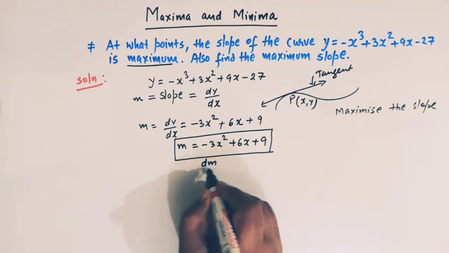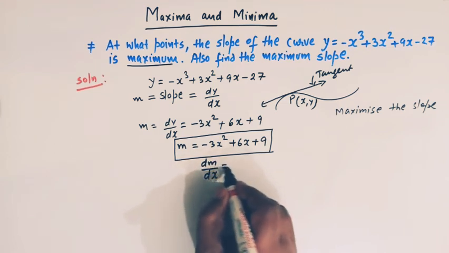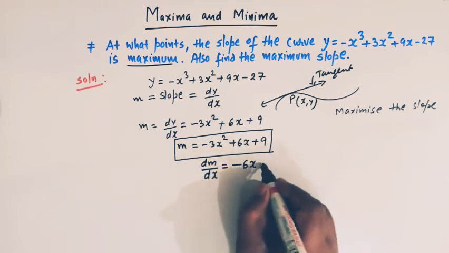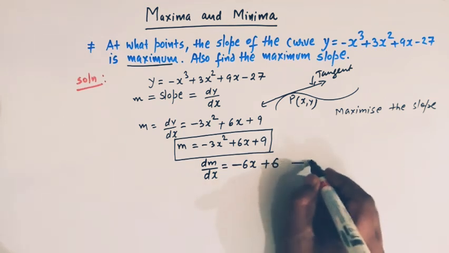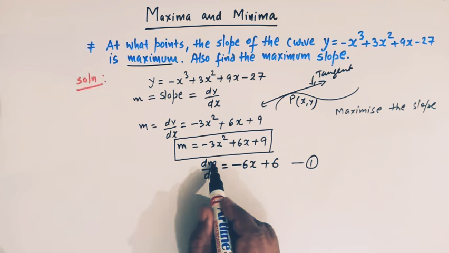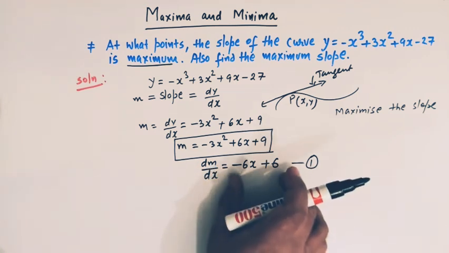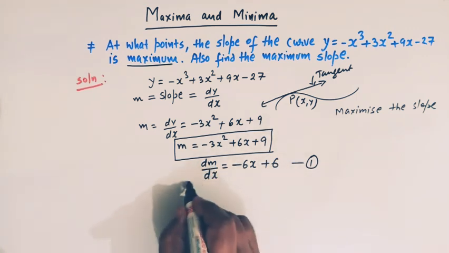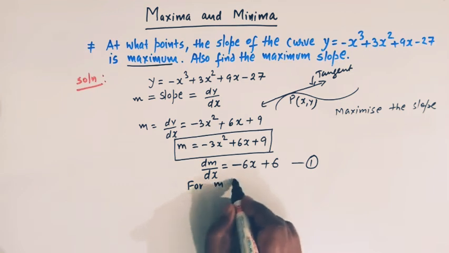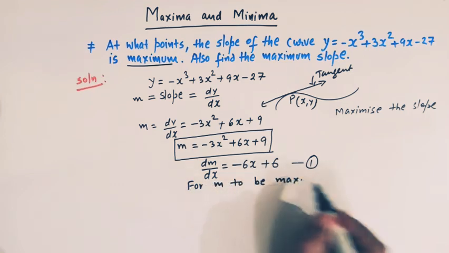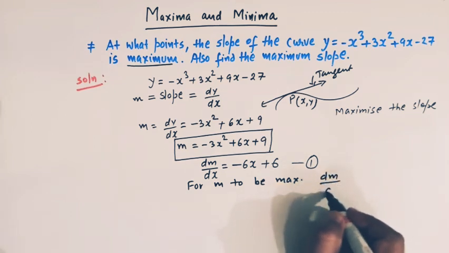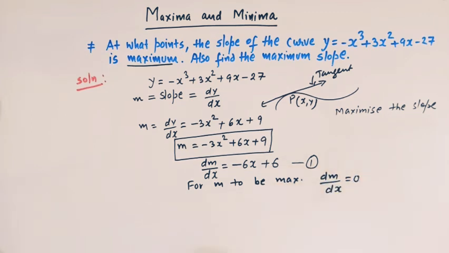So dm over dx is equal to -6x + 6, right? Now for m to be maximum, dm over dx should be equal to 0, right?